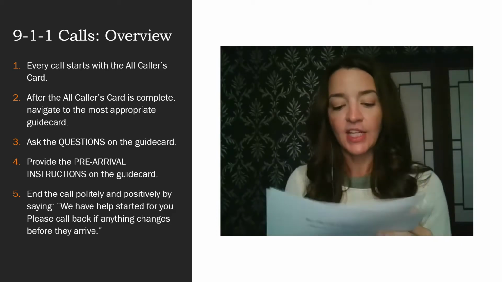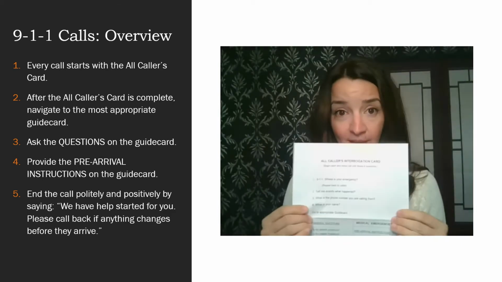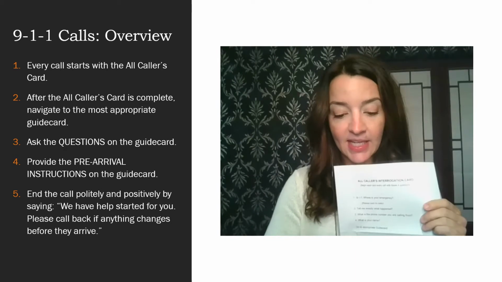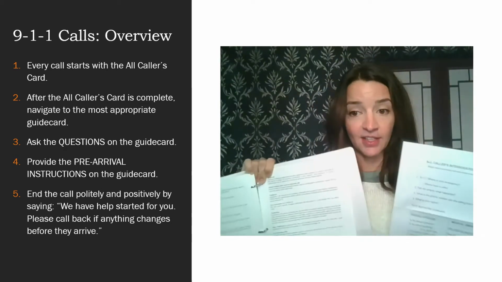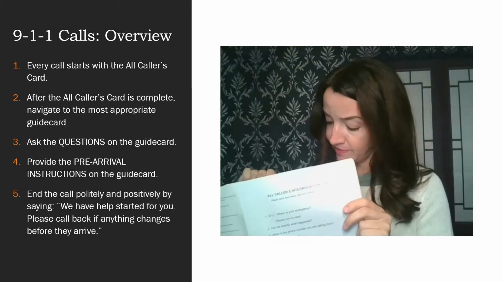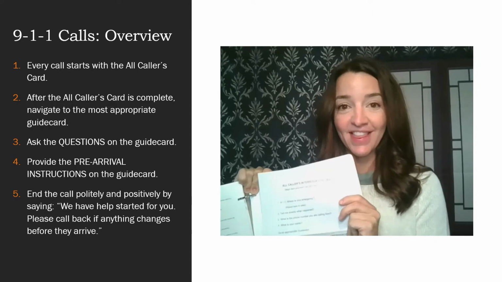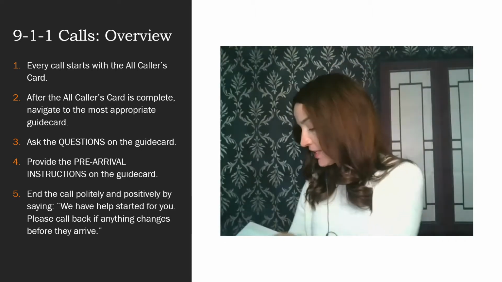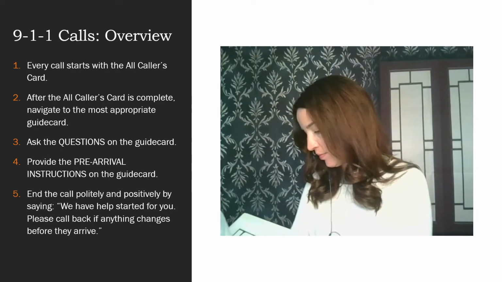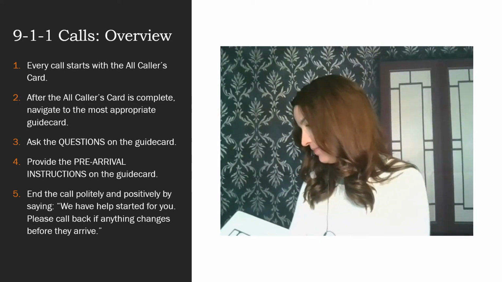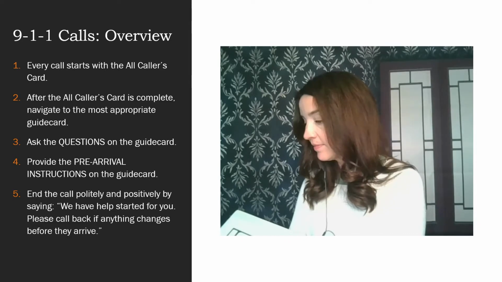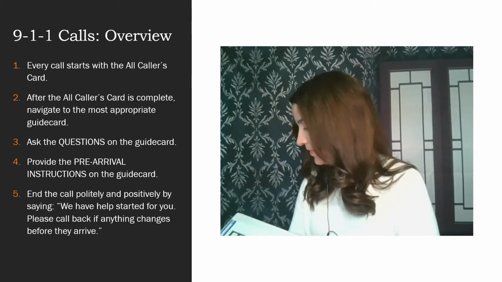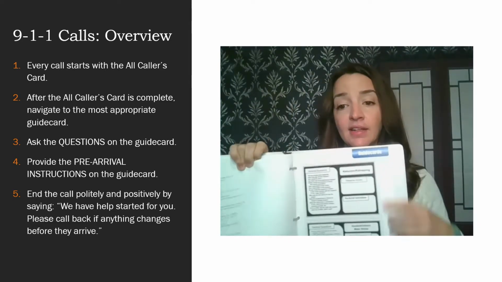So you need to print this piece of paper out and put it into your card index inside your textbook in front of the first card that's there. So if you go to the back of your textbook and you work your way through your pages, it says guide cards at the top.